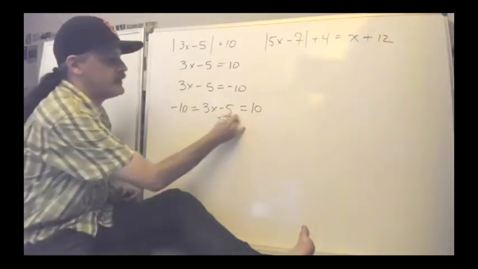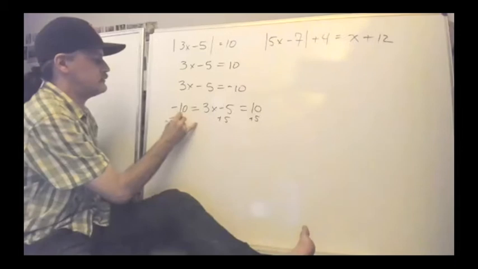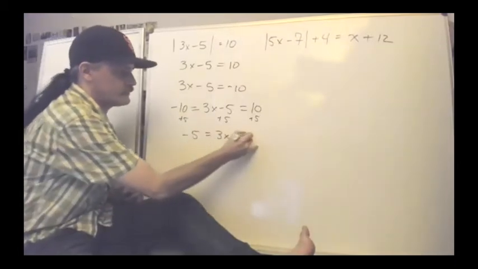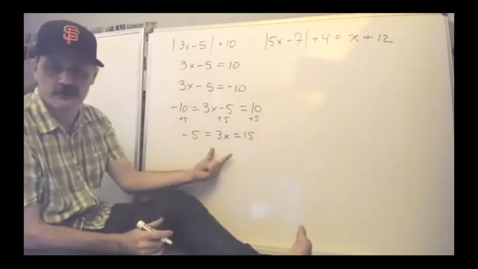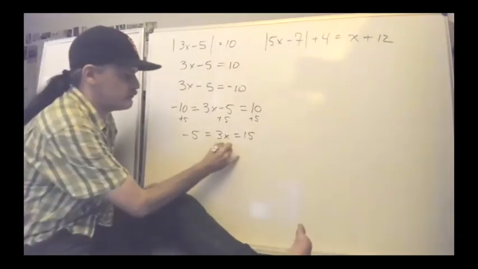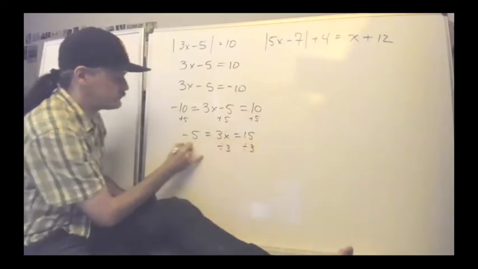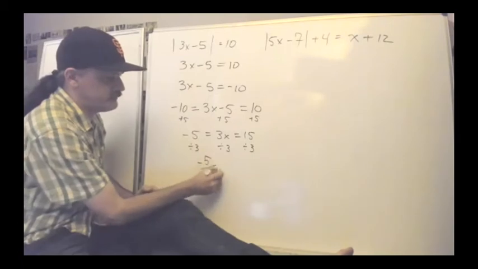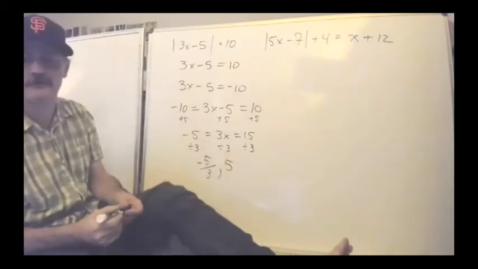So I'm going to add 5 to all three sides. And then the last step, looking in the middle, you want to get the x in the middle. And so I'm dividing by 3. Okay, and you see, you get the two solutions, negative 5/3 and 5.